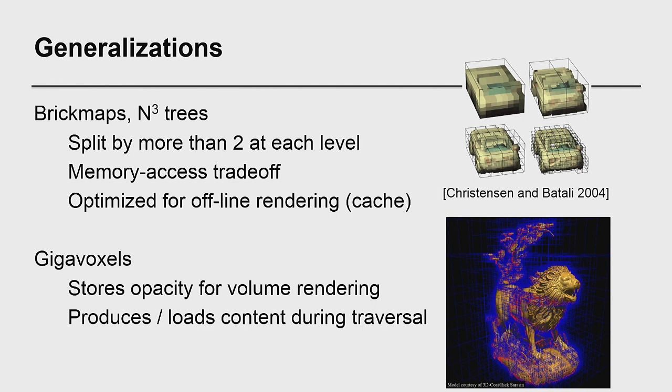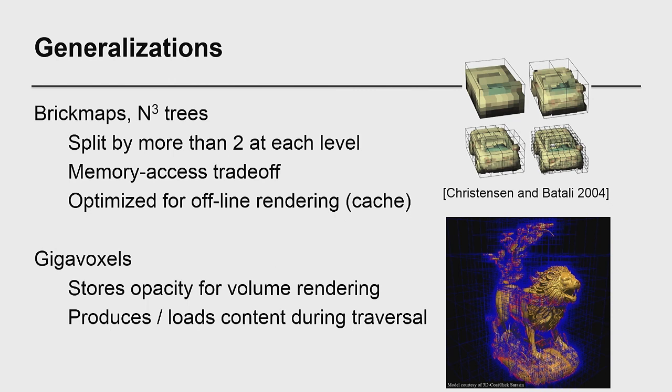So you may have a little bit of a deep tree, if you will. If you want a shallower tree, that would mean you can get to your final color value with fewer indirections. You can split your volume into more pieces than 8. And that would bring us to brick maps and n-cube trees.